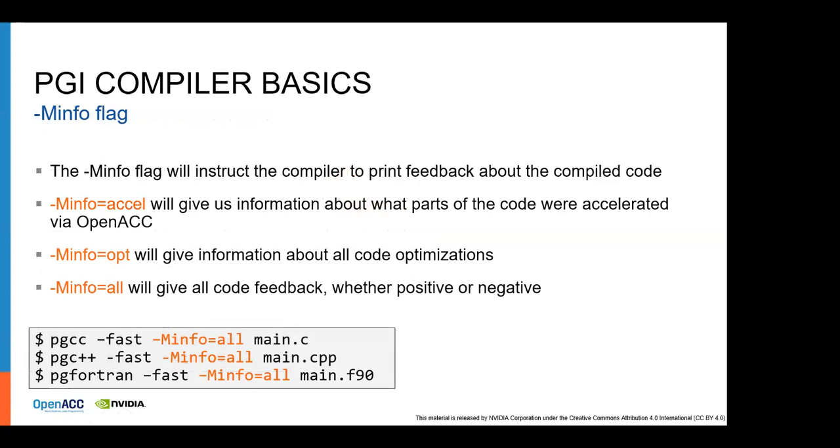Another useful flag is the -Minfo flag, just to tell the compiler to report what it's doing, I mean, in terms of transformation.